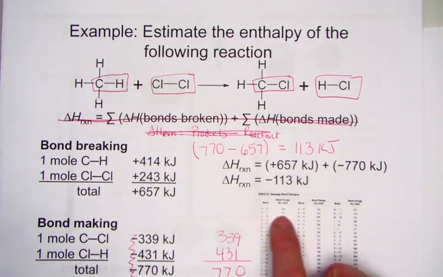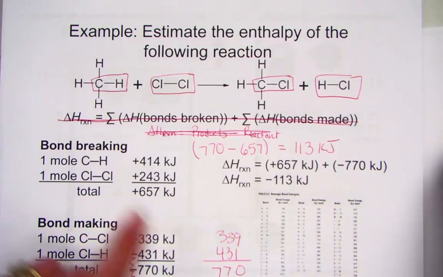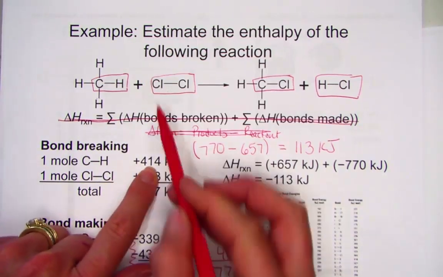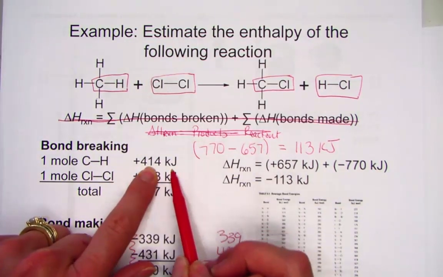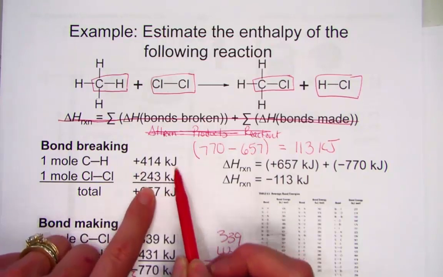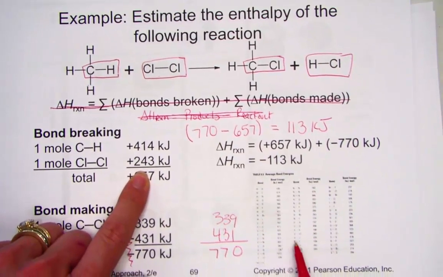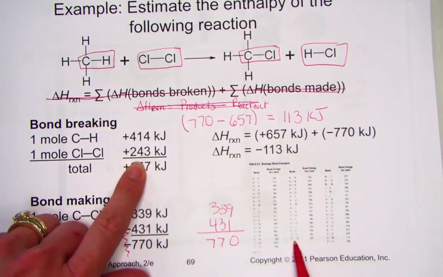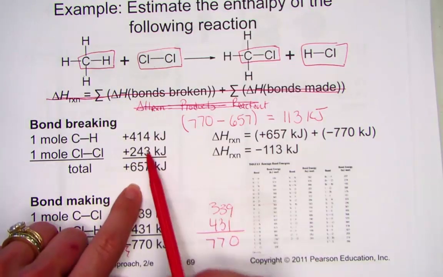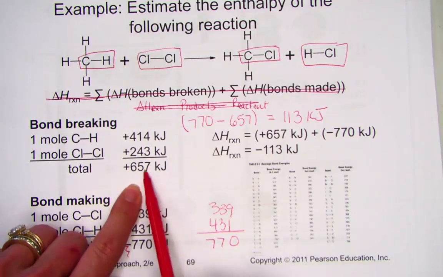Carbon to hydrogen bond is 414. That's where they're finding this value. Bonds broken end up being endothermic, a positive value. I also had to break a chlorine to chlorine single bond. Using our chart, chlorine to chlorine is on the bottom of the second middle column there. 243 kilojoules. The sum of all the bonds breaking is 657.